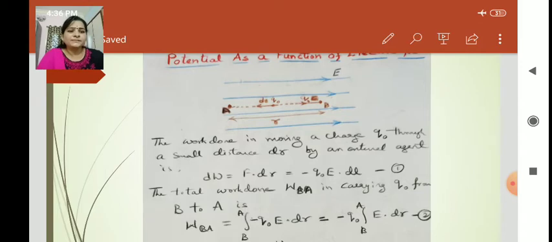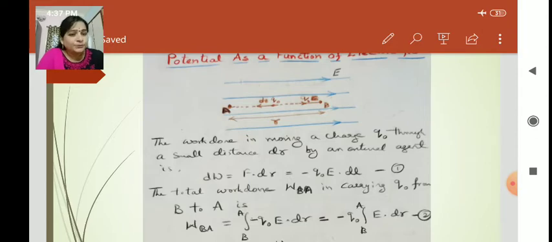Here a repulsive force is acting on the test charge Q naught, to bring it into the field generated by some static charges.